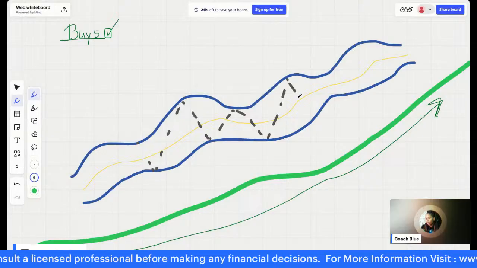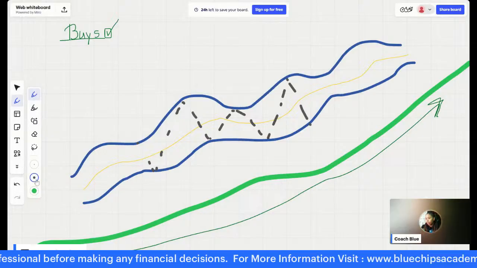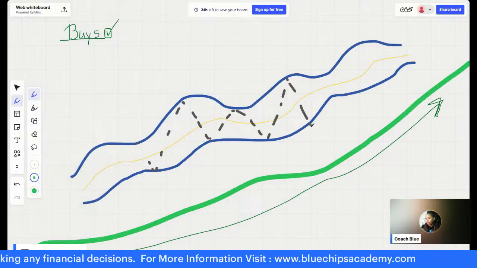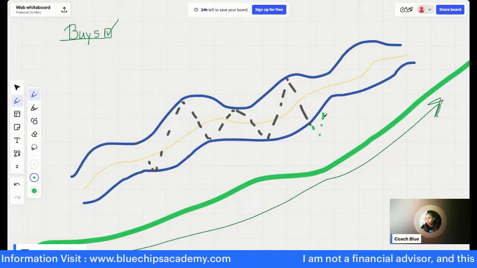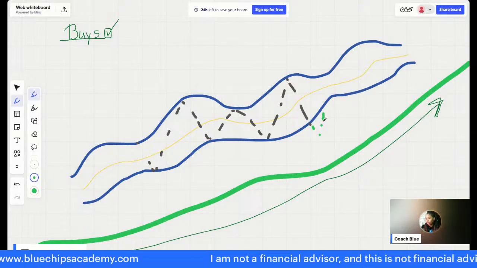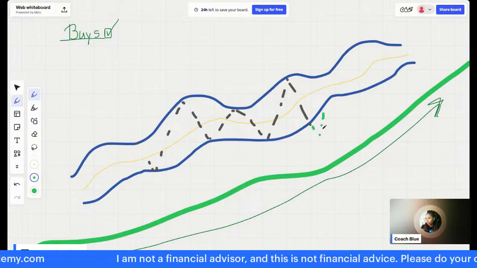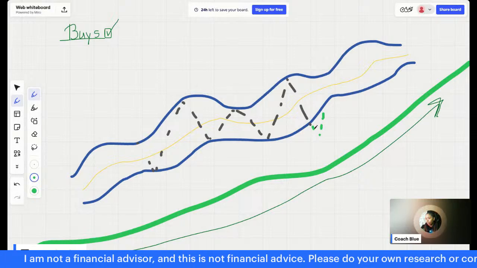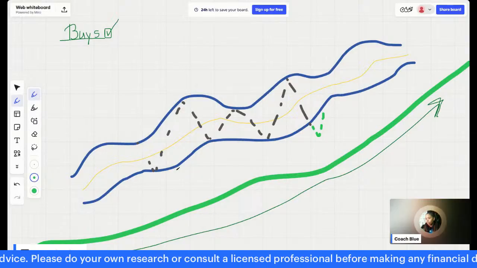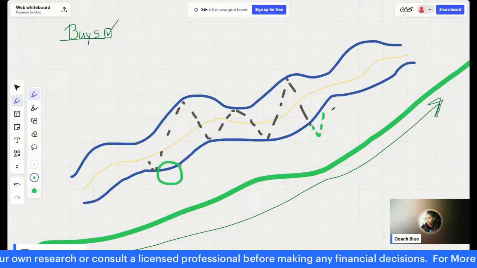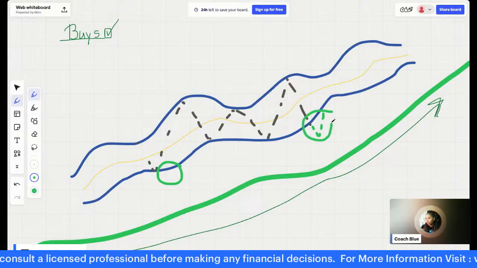But then it comes right back out again. This is our entry for a Keltner, off the Keltner. So we're at the bottom of the channel. This was an entry somewhere down here, and this was an entry somewhere down here.